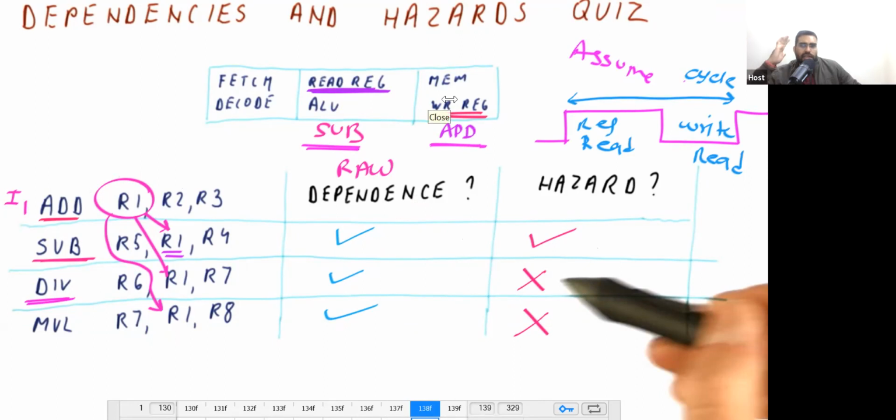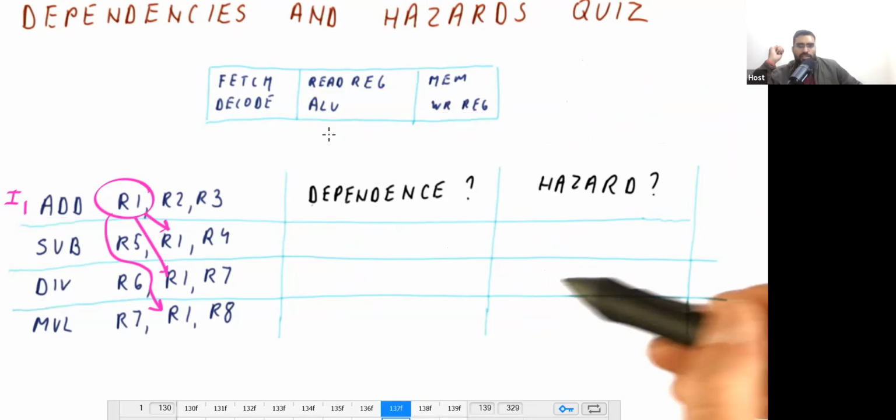So division is reading the correct value. So these are not hazards. Is this question clear to everyone? Just focus on in which phase you are reading and in which phase you are writing.